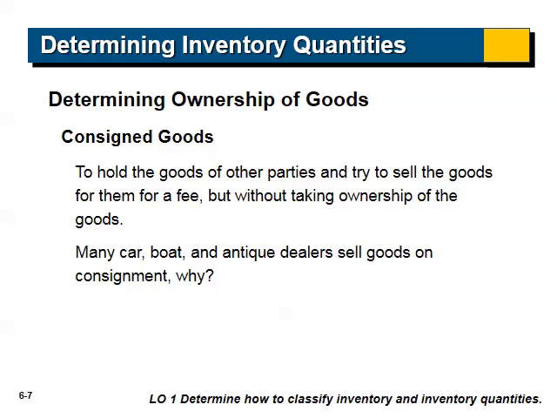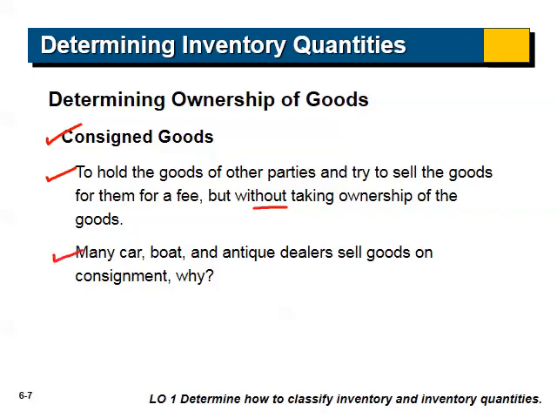What about what we call consigned goods? You might have heard of consignment shops. Basically, a consignment shop is where you take your clothes or furniture to have some store sell it for you. And so we call those consigned goods. But what about the company that holds those goods? That's what we're talking about here: to hold the goods of other parties and try to sell the goods for them for a fee, but you do not take ownership of the goods.